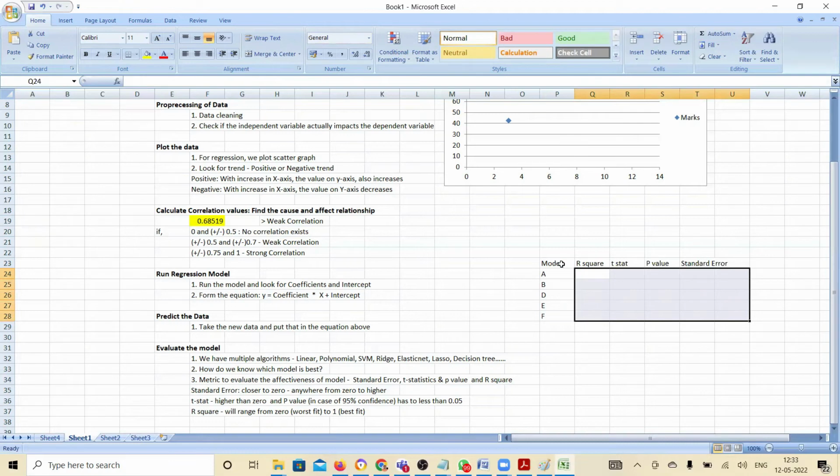R-square should be closer to 1. Standard error should be closer to 0. T-stat should be higher.